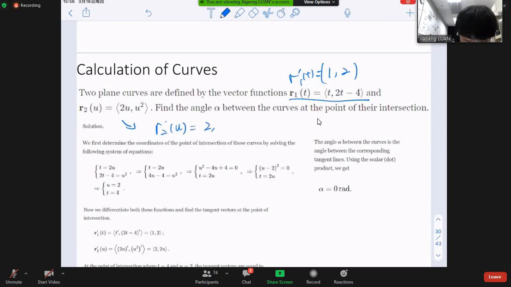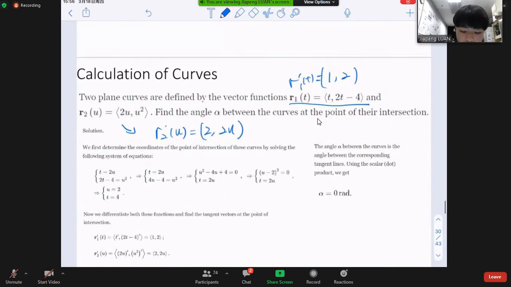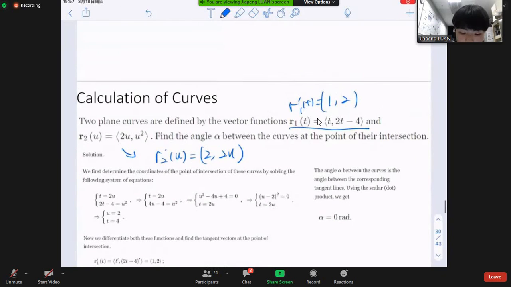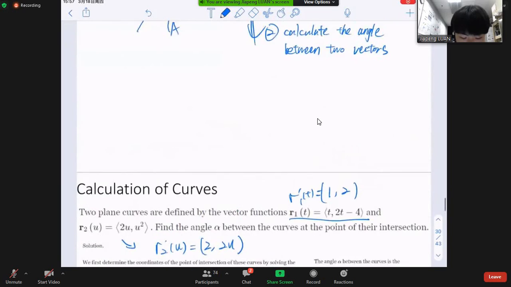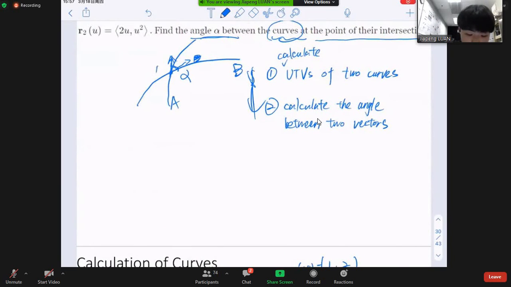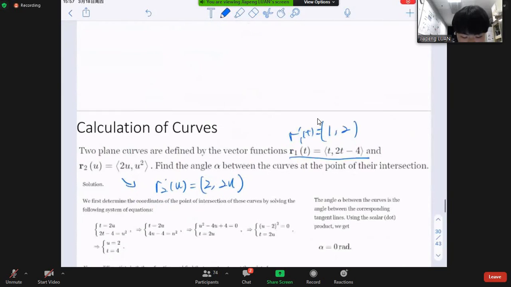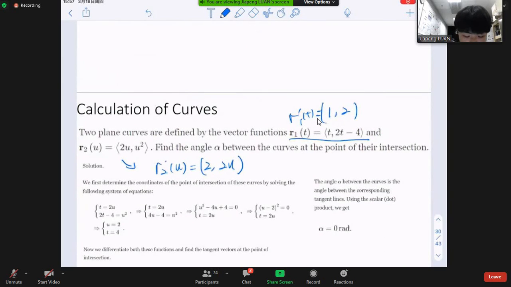is 2 times u. And then at their intersection point, you need to know the coordinates of this intersection point. How to find the intersection of these two curves is actually you solve this, right?